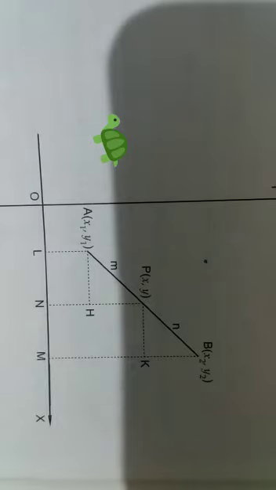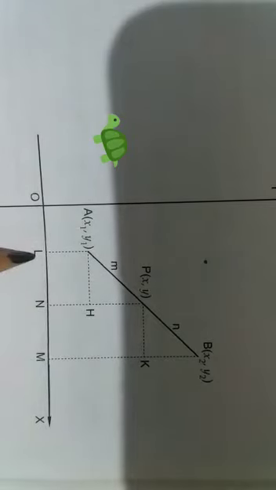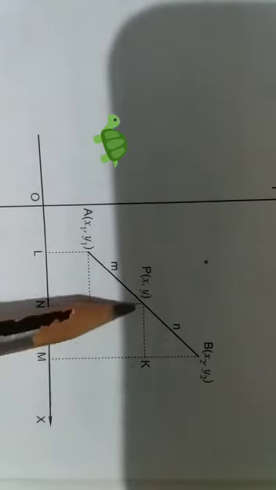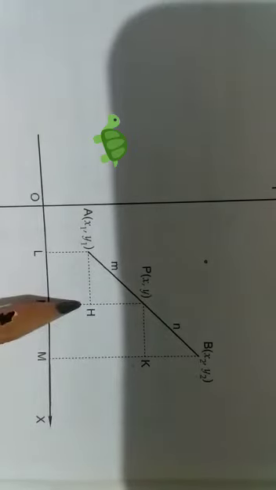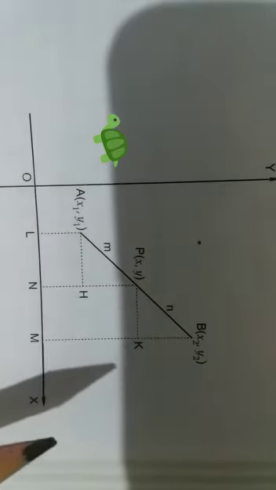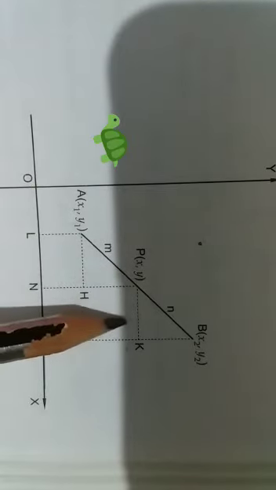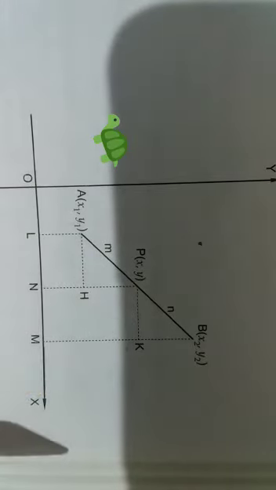Now see here students, AH is equal to LN, which is equal to ON minus OL, that is x minus x1. PH is equal to PN minus HN, which is equal to PN minus AL, that is y minus y1.